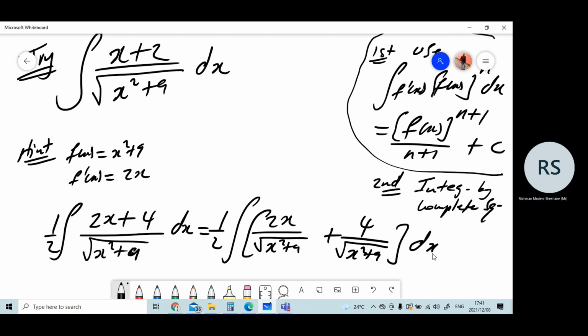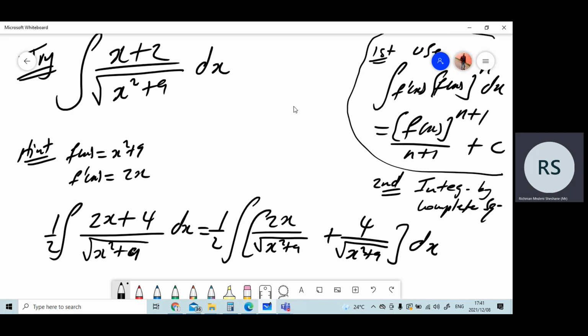Okay, as you can see, because they have the same denominator, you can just add the numerators and get back this. But the next thing here, you are able to integrate both. When you integrate this, the derivative of this function is 2x.